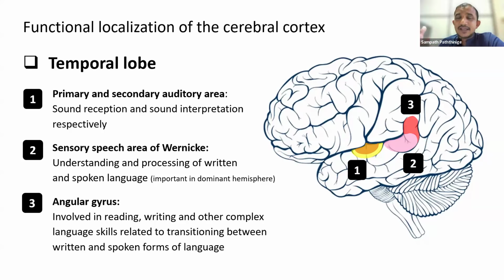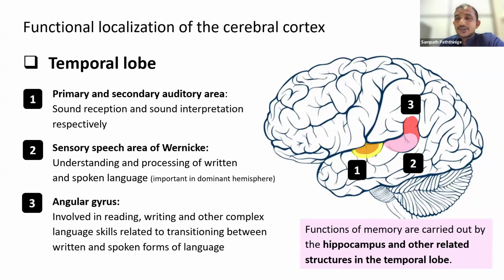So that is basically concerned with the angular gyrus, right? And also what I did not mention is this temporal lobe is considered the most important area for the long term and the short term memory.